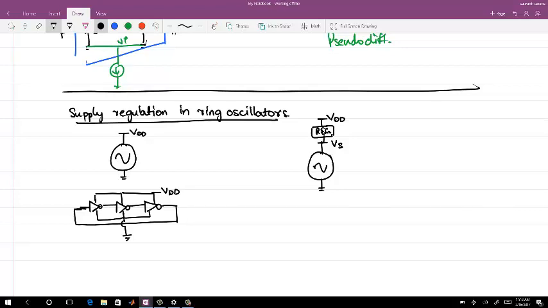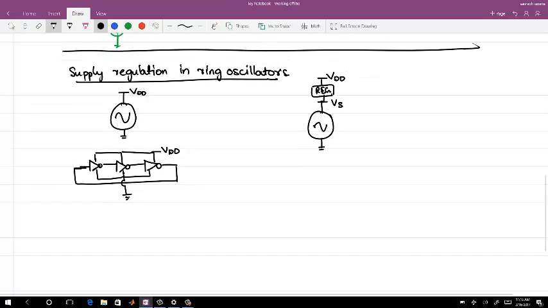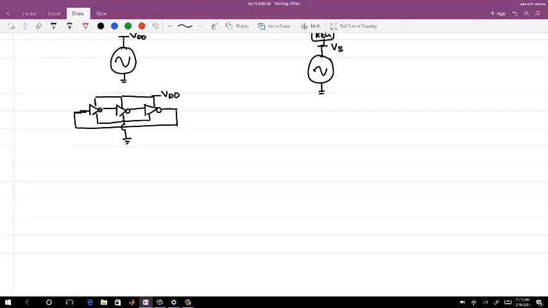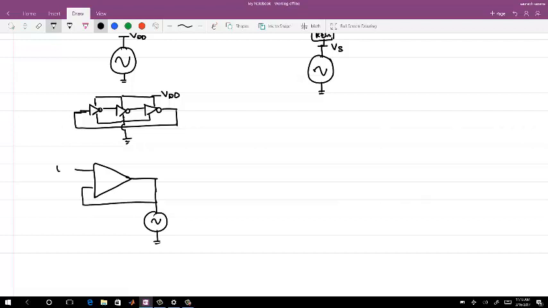So we have seen one particular regulation the other day, which was a voltage source follower, where I have this as a VCO, and this voltage is coming from your loop filter. This is VDD, you have ground, and this is ground.